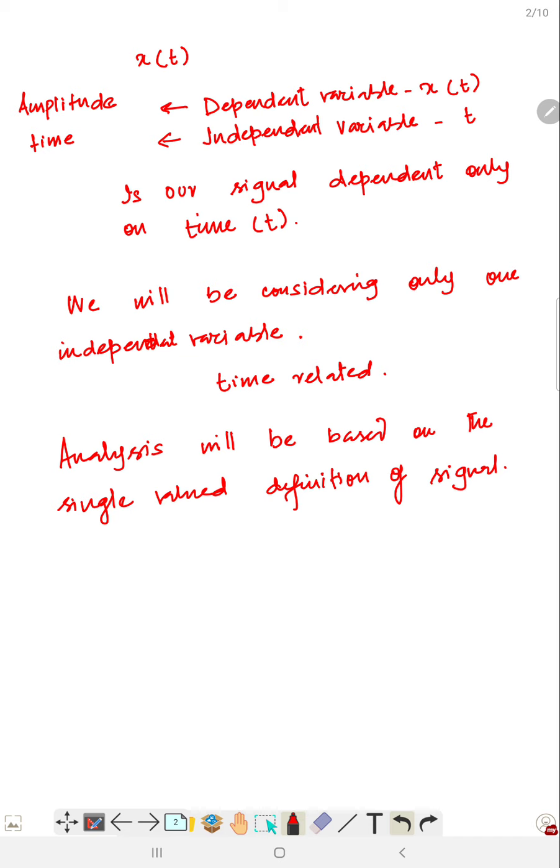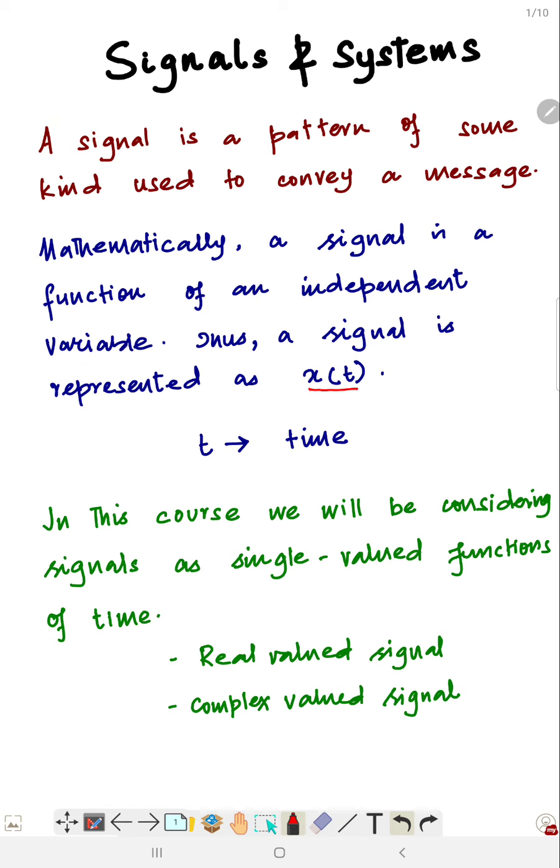Now, as far as the independent variable is concerned, we have defined it, it will be time. But as far as the dependent variable is concerned, the amplitude, it may have a real value or it may have a complex value. And accordingly, we will be encountering two kinds of signals. Either a real valued signal, in the sense that the amplitude of the signal has a real value: 1, 2, -1, -2.